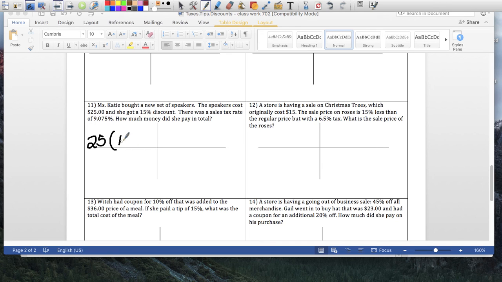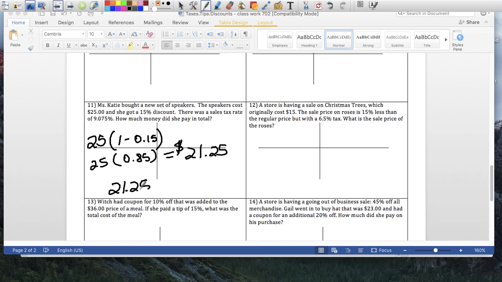If I take the 15% off, it means that from the whole, I'm actually paying only 85% of it, right? So 25 times 0.85 means that your new value, the 85% that you're paying, is $21.25.